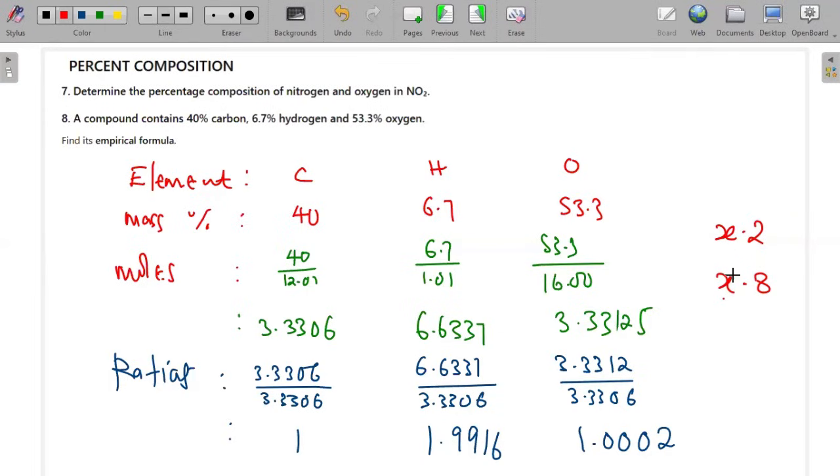This x here can be any number. If I'm talking about this one here, then the x will just be 1. If you draw a number line, you put x.2 somewhere there, then here you put x.8, so you can put a boundary here and a boundary here.